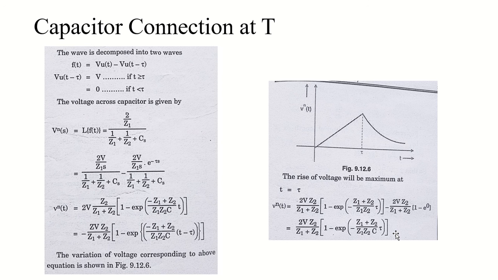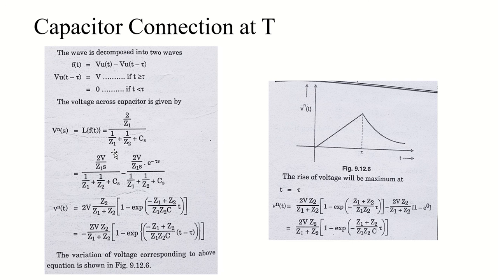So in such a case you can find the value across the capacitor using this formula given here. V of s will be the Laplace of f of t, which is 2 divided by z1 times, 1 divided by z1 plus 1 divided by z2 plus Cs, right?